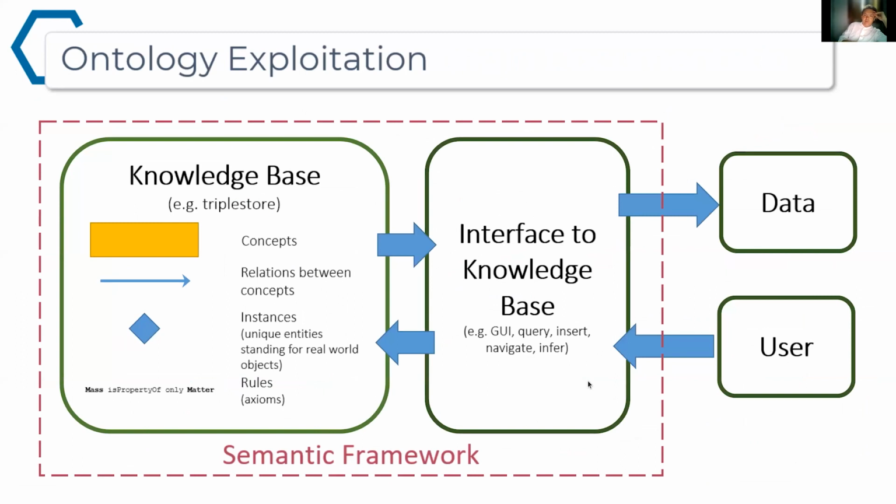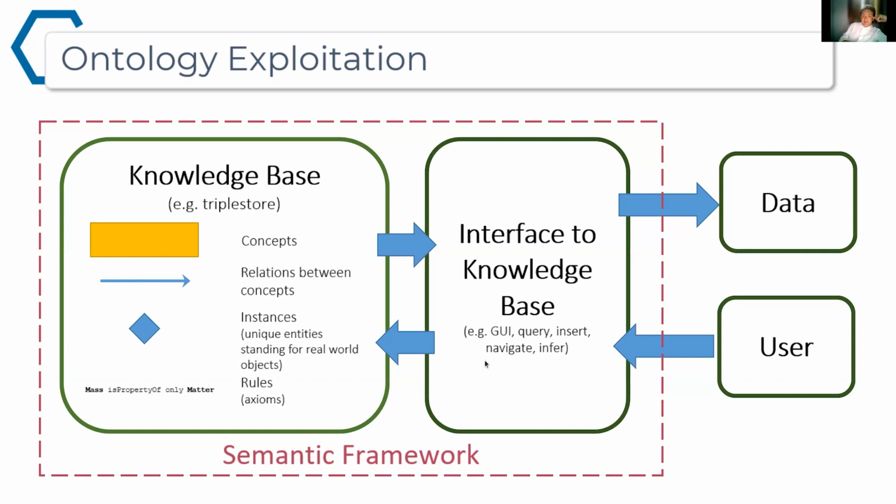But how to practically use an ontology? The idea is that you should have a knowledge base, so a triple store that can host your ontology, so the rules and the axioms that make up your ontology, and that can also contain all the information that you have about your domain of interest, so all the instances that you want to document.